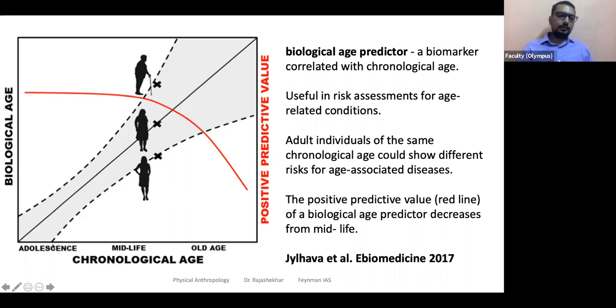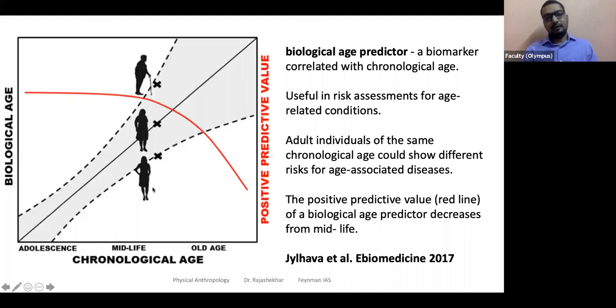But two ways are possible. You see the bottom dotted line and the upper line. In the bottom line, biological age is lesser than the chronological age. You look younger for that age. Or the opposite is true. For a given chronological age, your biological age is more than what is expected.